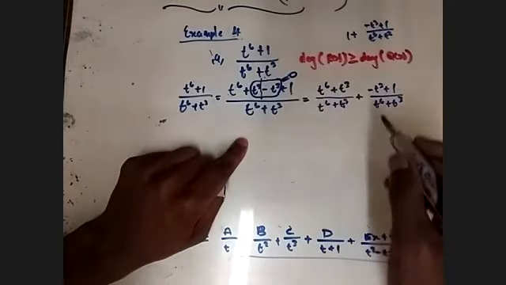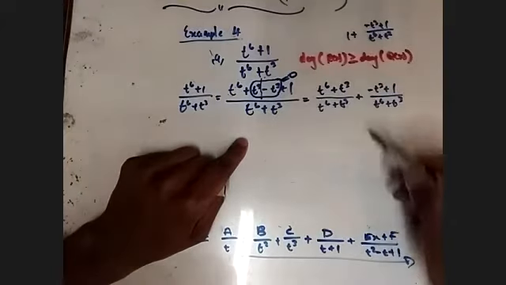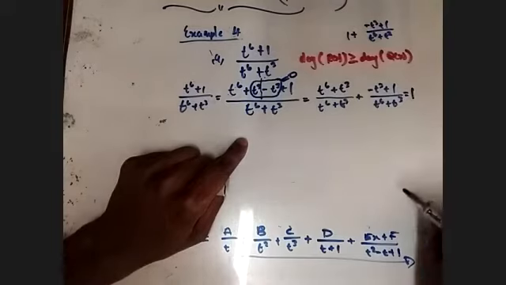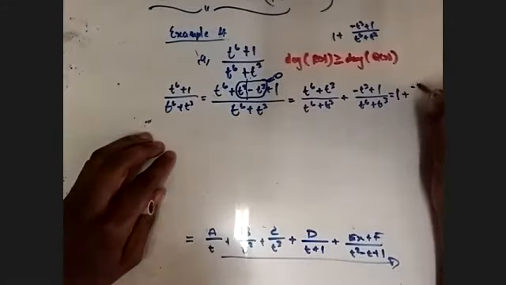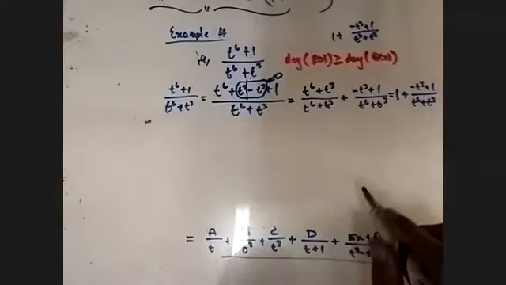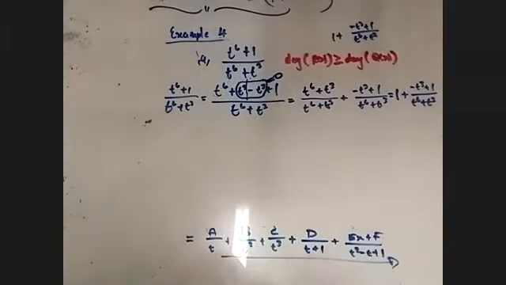And do you believe that this thing and that thing are exactly the same? Because when you divide the two, you get 1. Okay, I hope you can see that the corner plus negative t cubed plus 1 all over t to the 6th plus t cubed. Now I'm motivated that mathematical manipulation does work and mathematical manipulation is true.